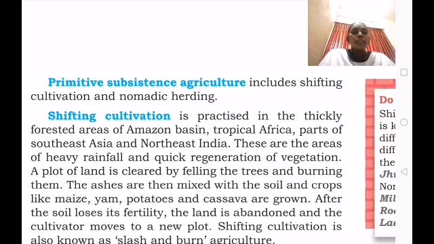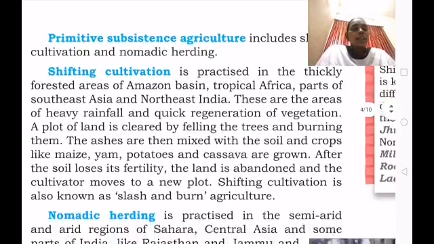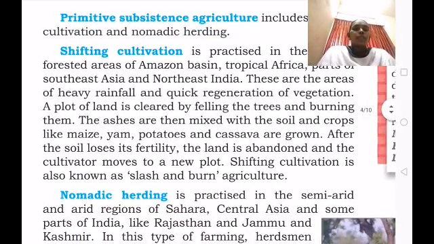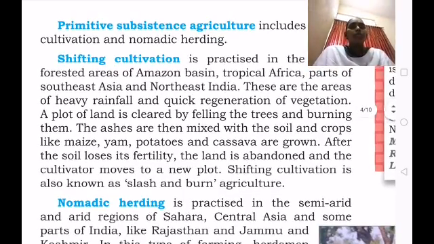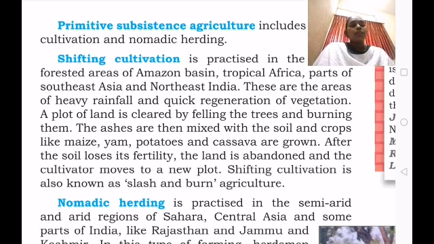Shifting cultivation is also known as slash and burn agriculture. They stay there just a few days or 2 years, then leave that place and go to another place. In shifting cultivation they grow different kinds of crops like maize, yam, potato and cassava.